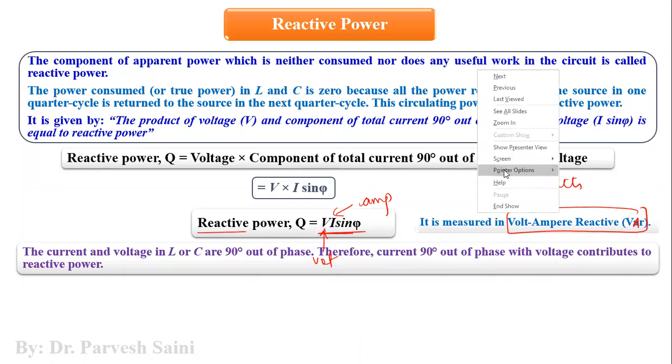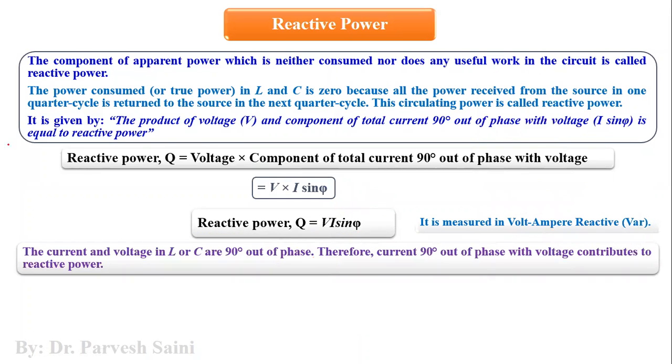So further, if we talk about the current and voltage in the case of an inductor and a capacitor, both are 90 degrees out of phase. For example, in a pure inductor, we have the voltage leading the current by 90 degrees.